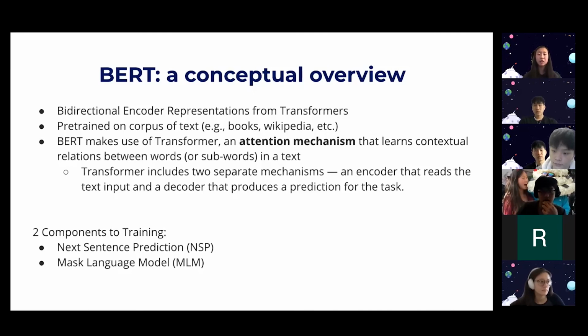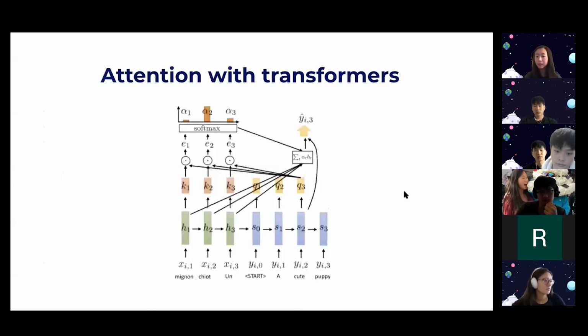So BERT is often used for prediction of the next word or translation. But here we're going to take the BERT model and the output and actually transform it into a classification. And so there's two components to how BERT works. The first one is NSP, which is next sentence prediction, which finds the relationship between different sentences. And the other one is masked language model, which finds the relationship between particular words.